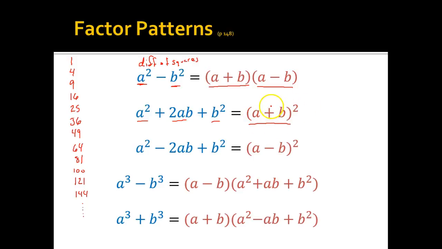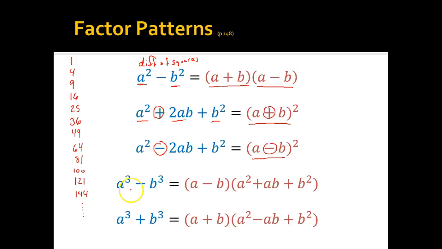We call that the square of a sum. Then there's the square of a difference with the exact same formula, the only difference being the minus sign instead of a plus sign. It produces a pair of factors, a minus b times a minus b. So a minus b squared is a minus b times a minus b. And again, we'll look at this in detail in just a minute.